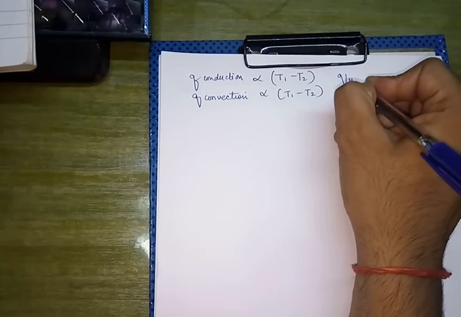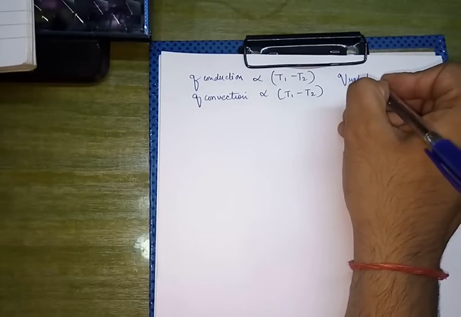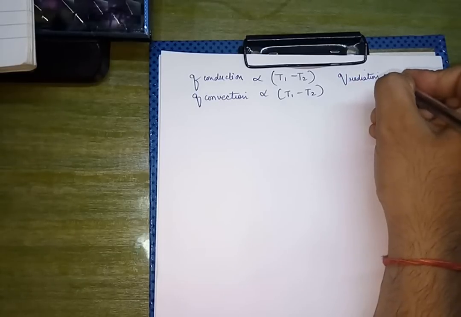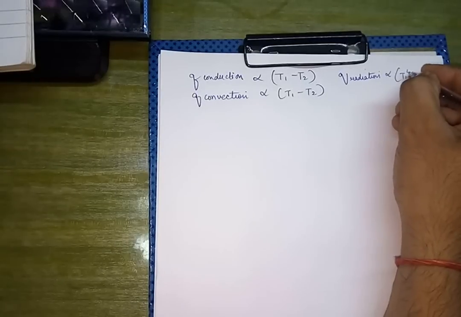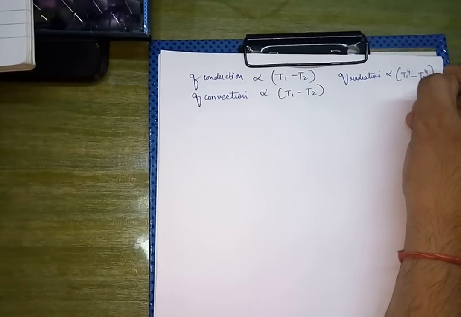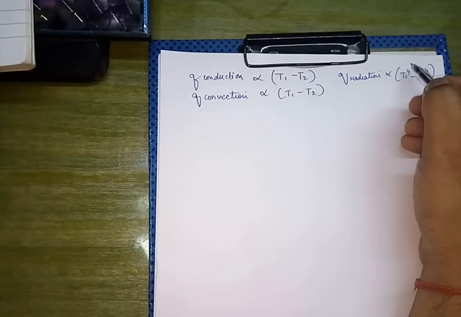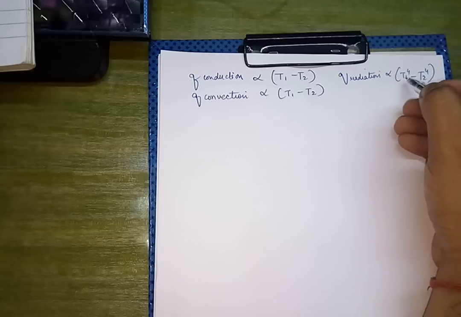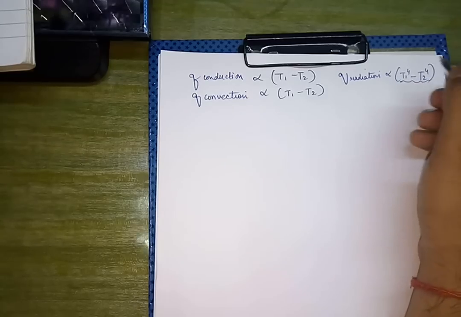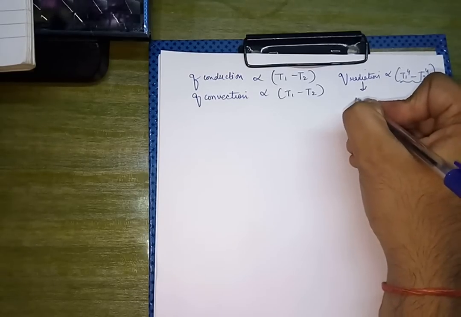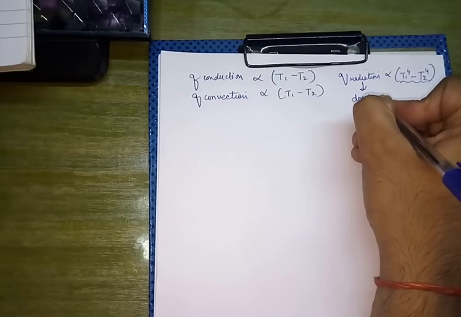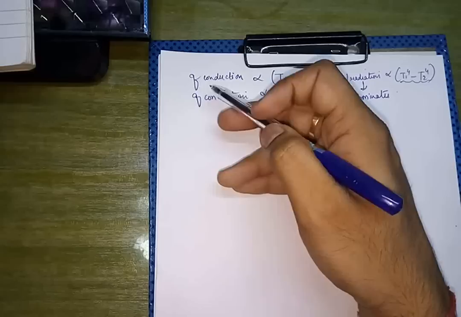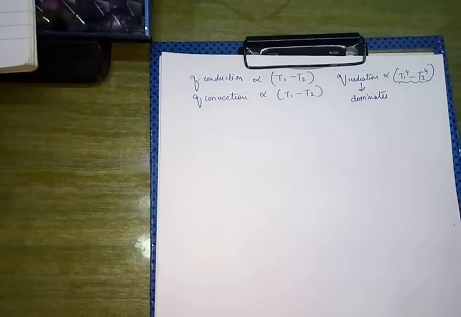But if we look at Q radiation, then heat is directly proportional to T1 to the power of 4 minus T2 to the power of 4. Actually it is proportional to the fourth power of the temperature, and this is the reason why radiation generally dominates over conduction and convection.